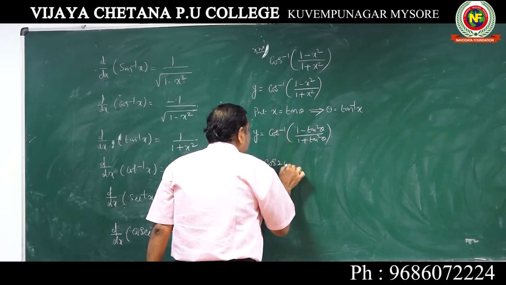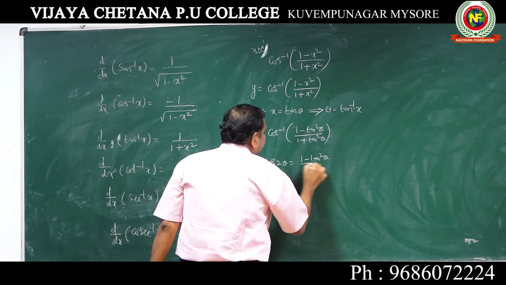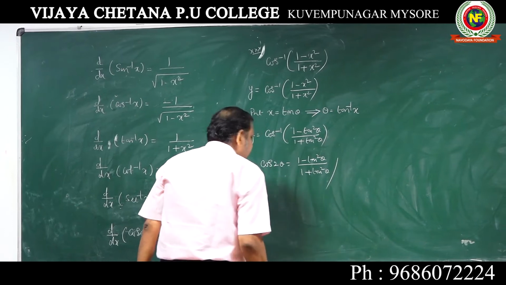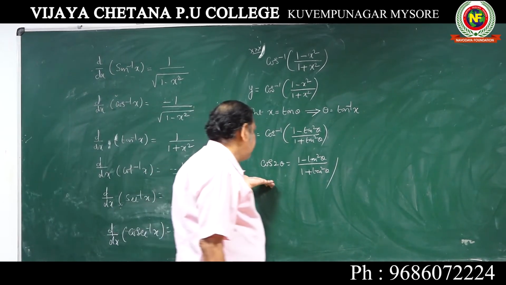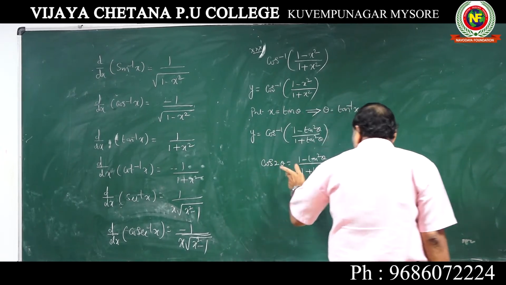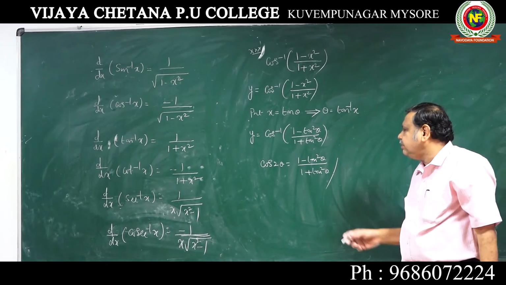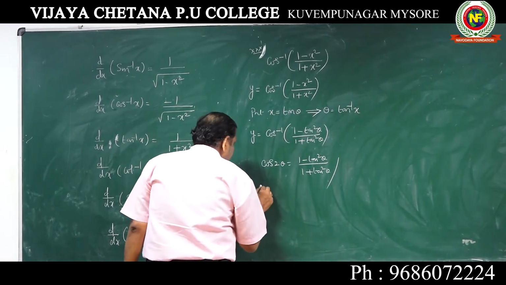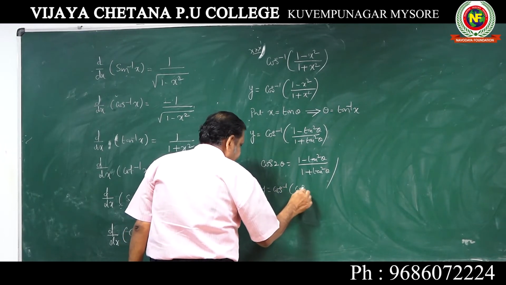It is nothing but cos 2 theta is equal to 1 minus tan square theta by 1 plus tan square theta. This is a very important formula. I told you there are 4 golden formulas in trigonometry. This is the fourth of them. We are using it. 1 minus tan square theta by 1 plus tan square theta is cos 2 theta, or y is equal to cos inverse cos 2 theta.